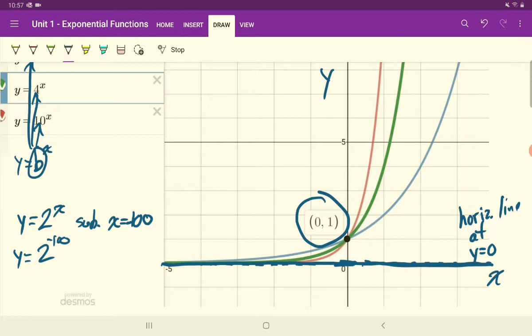You get an ever so tiny decimal, right? Tiny, tiny decimal, to the point where you probably can't even fully comprehend how small the decimal is. If we continue and say, what about y equals 2 to the power of negative 1,000?